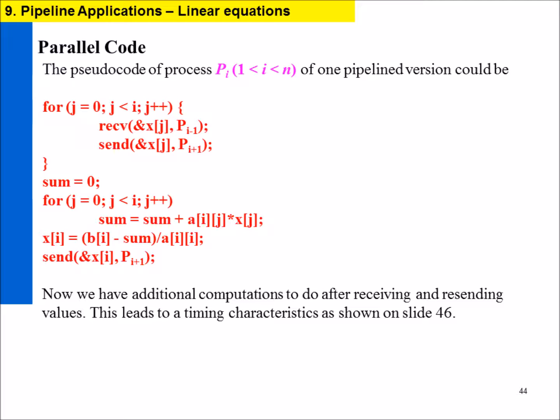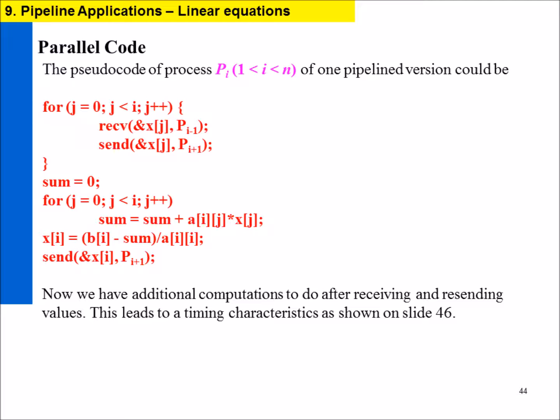So the next process can get started while we are doing our own sum and our own loop here, calculating our own x sub i and sending that on to the next process. This means that the next process can start computing while I'm not done yet.